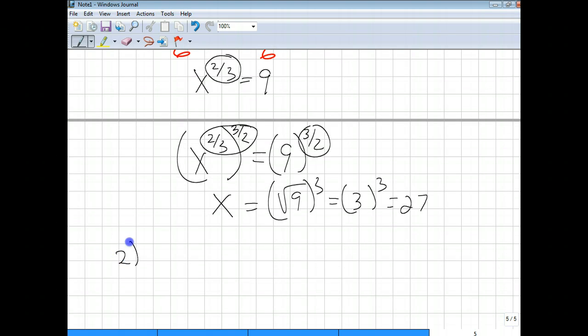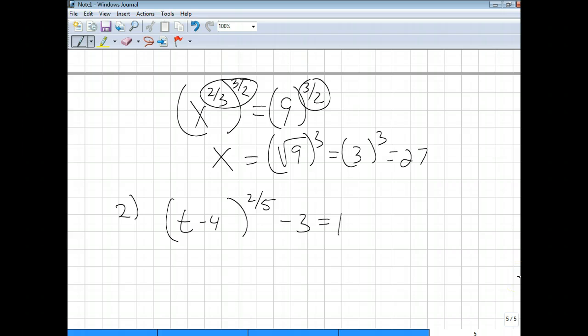Okay? Example 2. t minus 4 raised to the 2/5, minus 3 equals 1. Okay? So this one is slightly different because t is part of a binomial. So what we want to do first is get all of this by itself. So we're going to move the 3 to the other side.